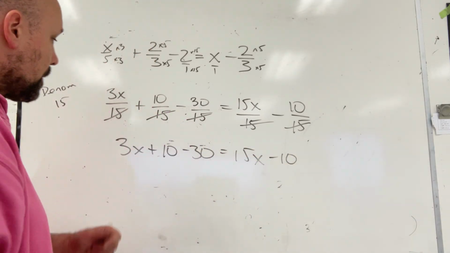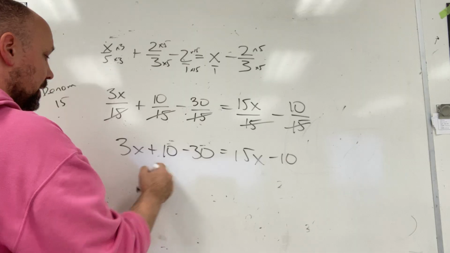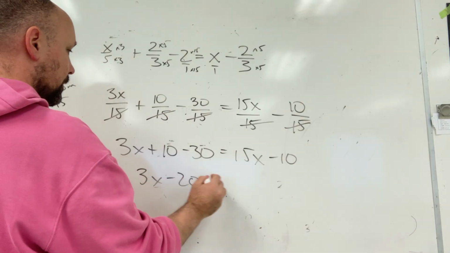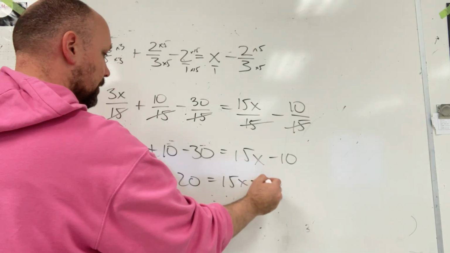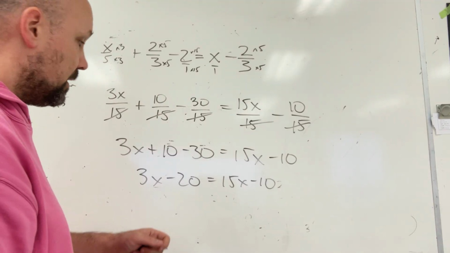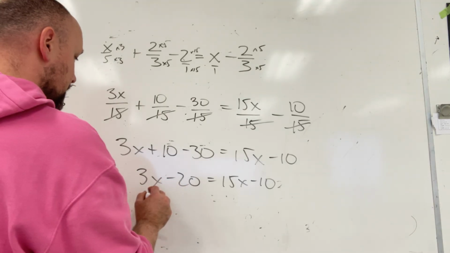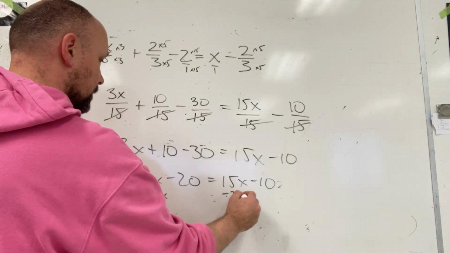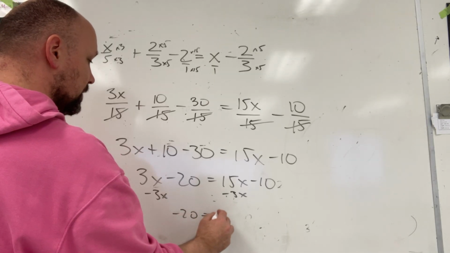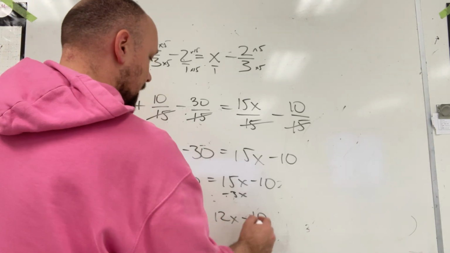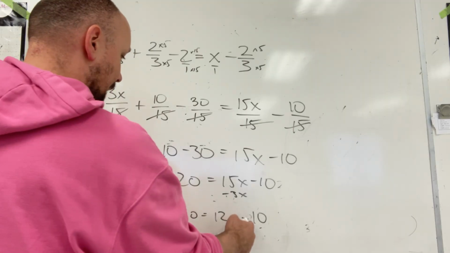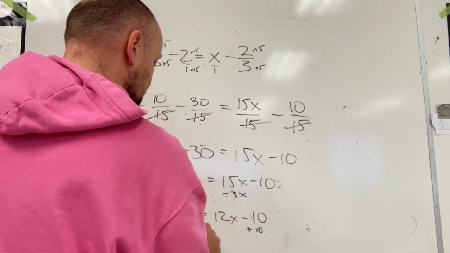Right? And so I can collect some like terms here. Right? Then I can get rid of these 3 x's. So I get negative 20 is 12x minus 10. Right? Then I can add 10 to both sides.